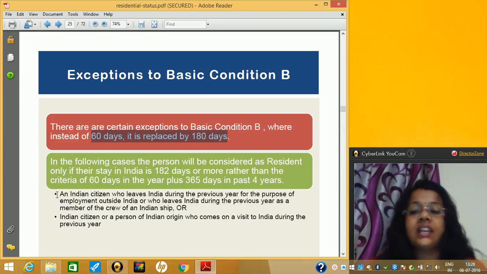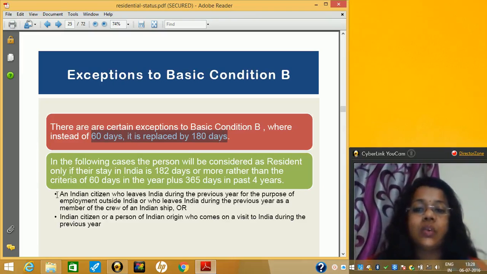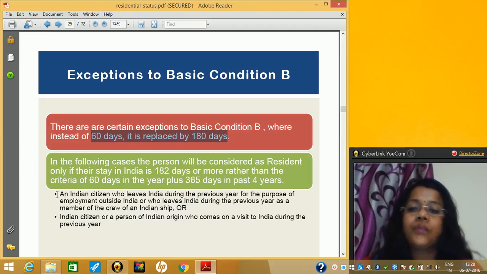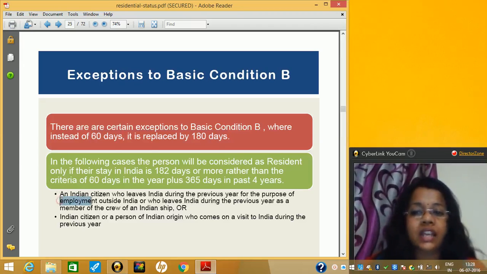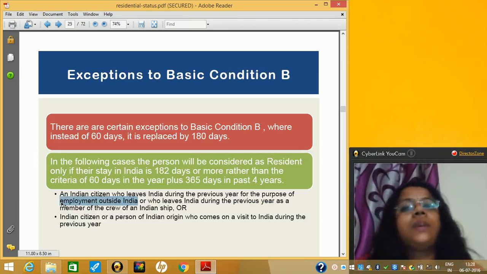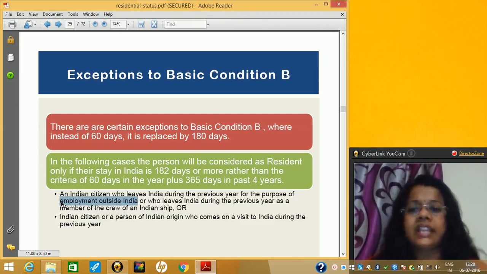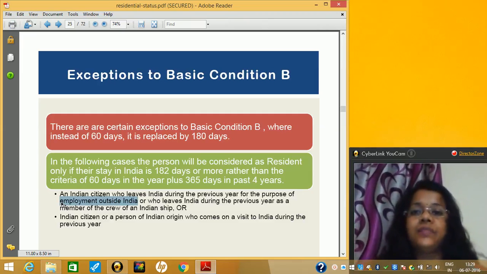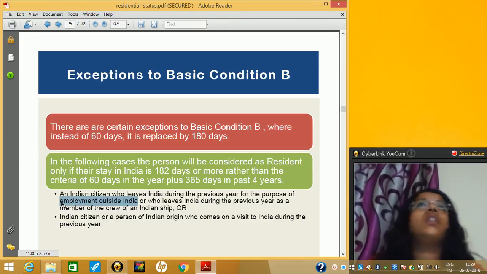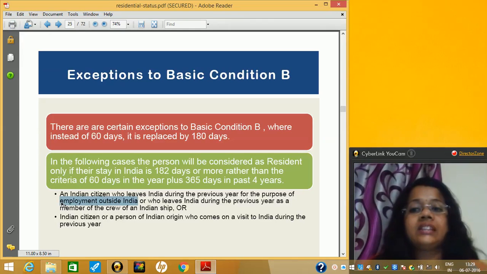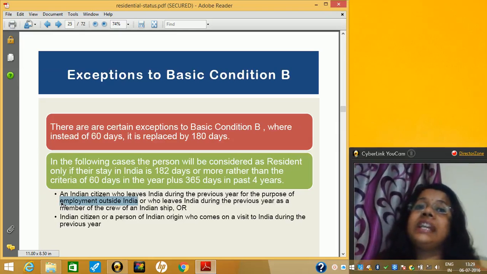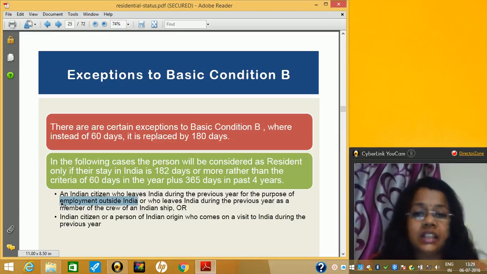The first case is an Indian citizen who leaves India during the previous year for the purpose of employment outside India. We can take the example that if Mr. A is leaving India as he has got a job in Germany, and he is leaving India for the purpose of employment in Germany, then this condition will be satisfied.